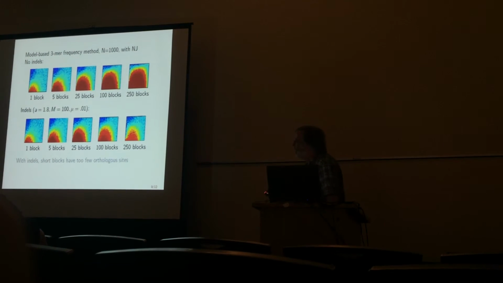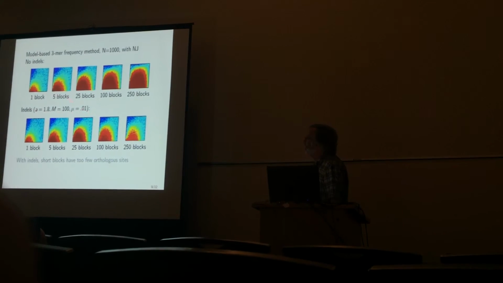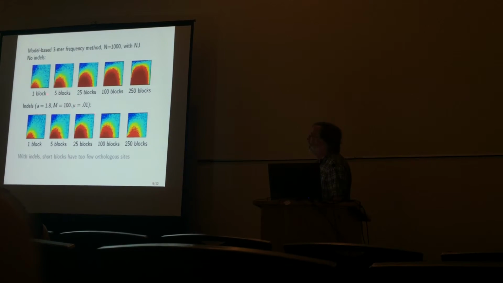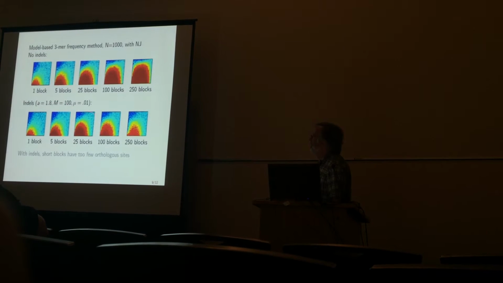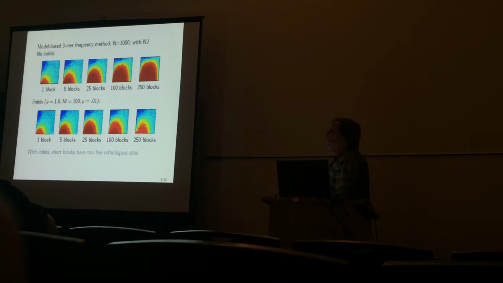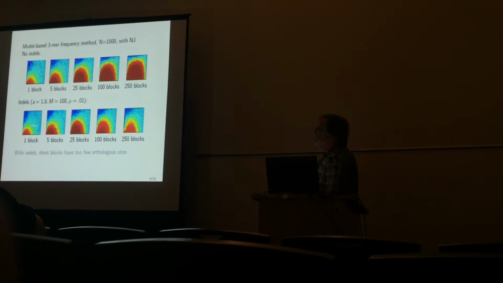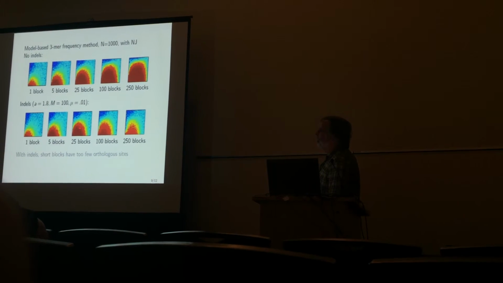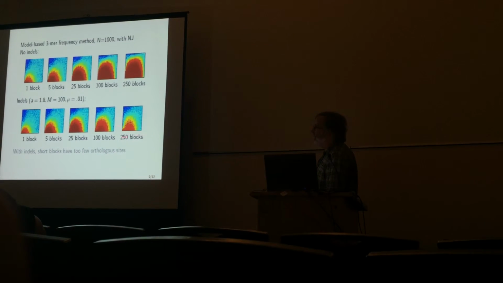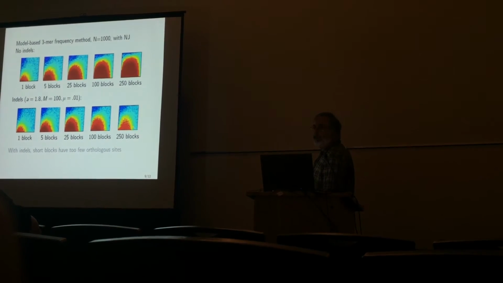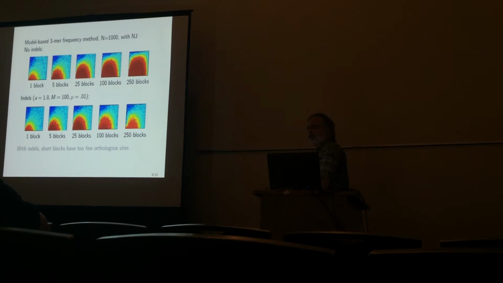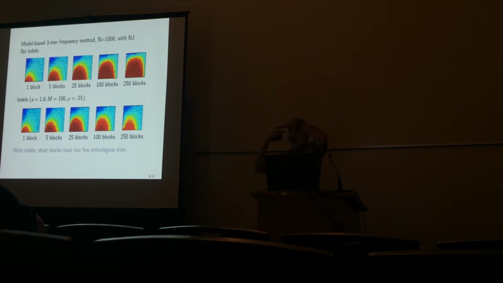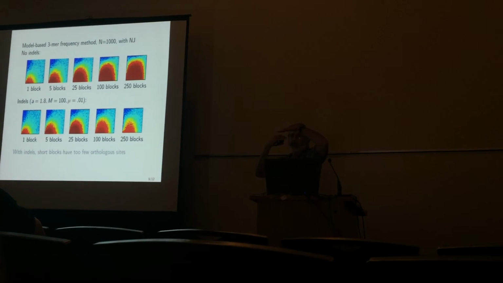This one, I have some indels, and these are the particular parameters that Indelible uses about how often indels come in and their length distribution. And I do something similar, and here you see that the performance improves for a while and then starts to degrade. It degrades here because my blocks are becoming so small that with the indel process, there's a good chance that 2 blocks don't actually have anything orthologous in them.